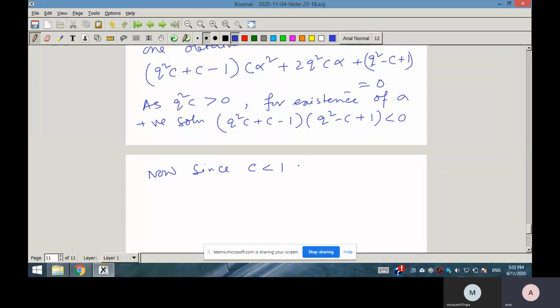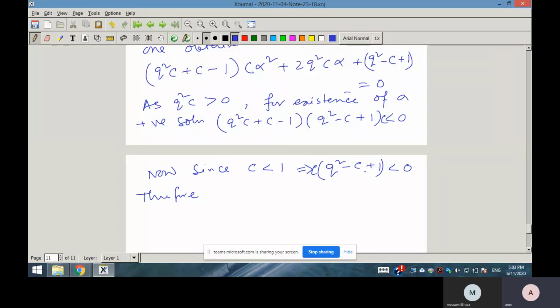So this implies, since c is less than 1, q square minus c plus 1 will be greater than 0. Therefore this is less than 0, and this into c will be less than 0.